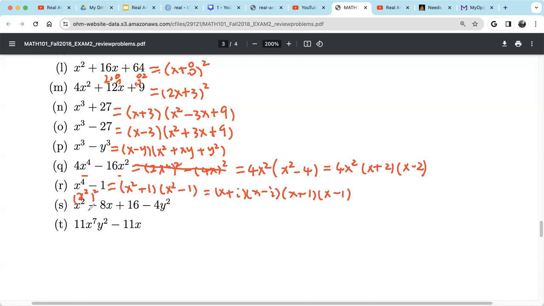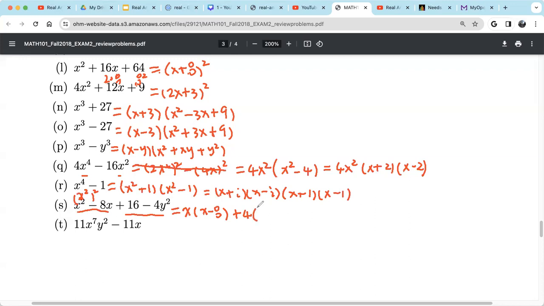Well, s has 4 terms, so we want to group 2 by 2. Right? Then the first group, we see x is a common factor. So we factor the first group into x times x minus 8. Second group, we see 4 is a factor. Right?